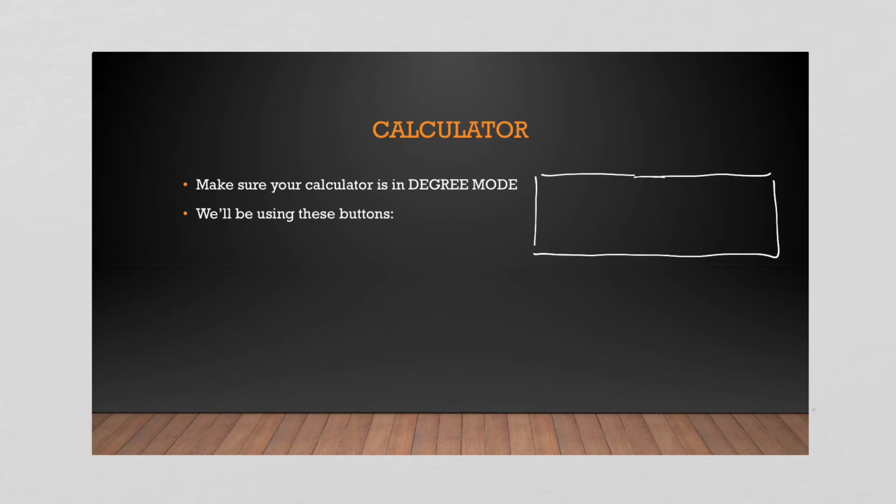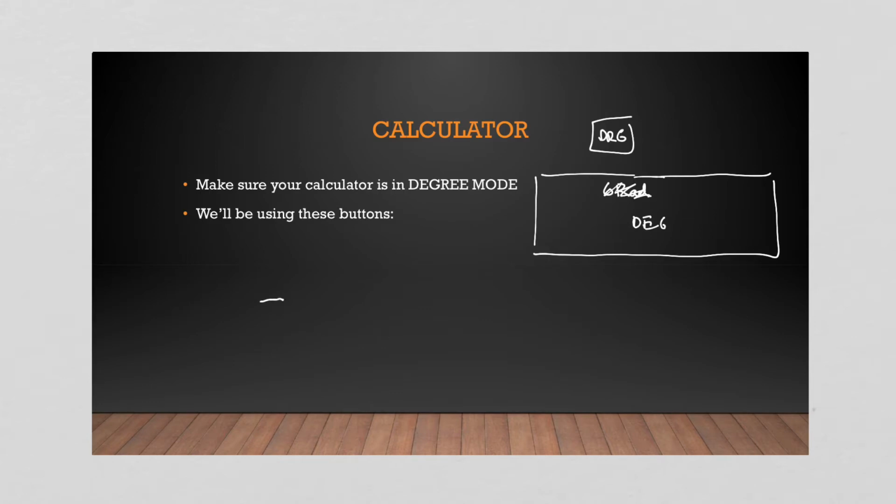What you may see that is wrong is the letter R or the word rad, and you want to fix that. Or you could see the letter G or the word grad. There's probably a DRG button on your calculator, and it's really easy to switch between them. So make sure you are in degree mode, or things will go sideways.